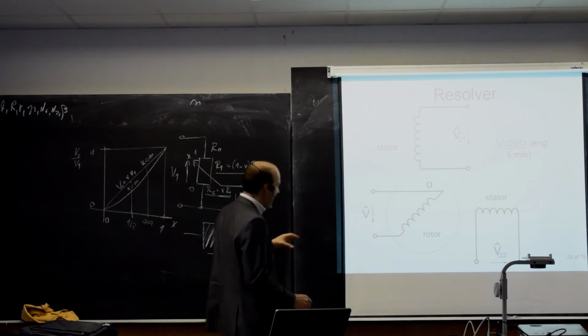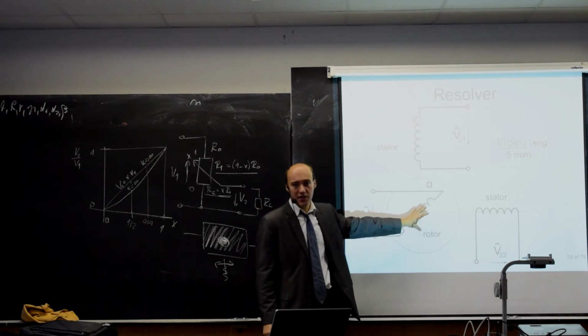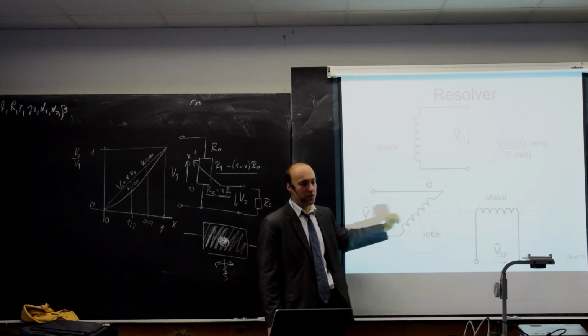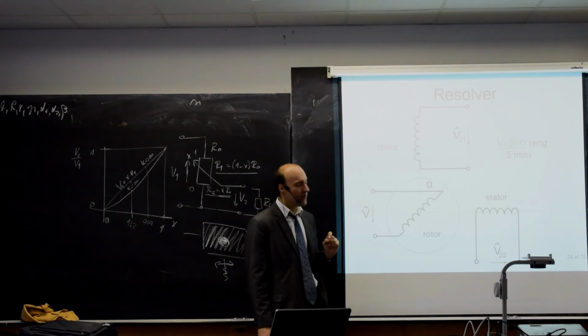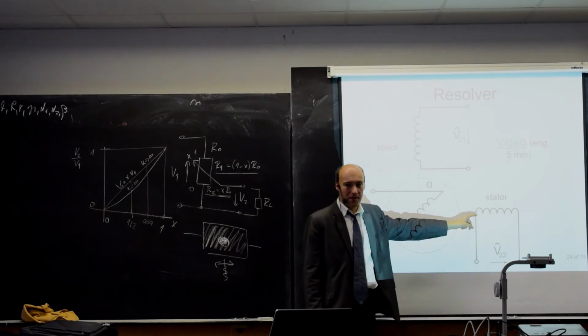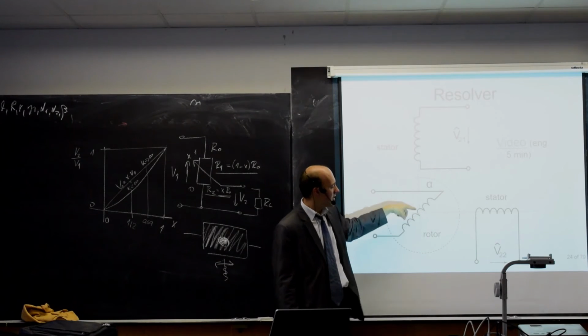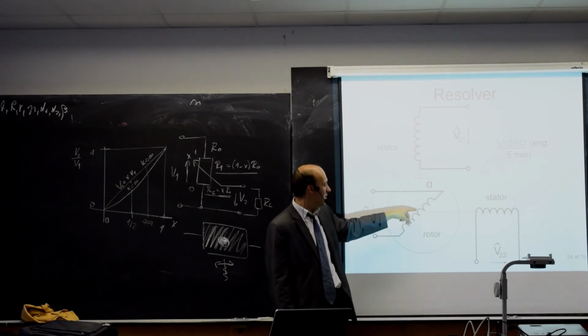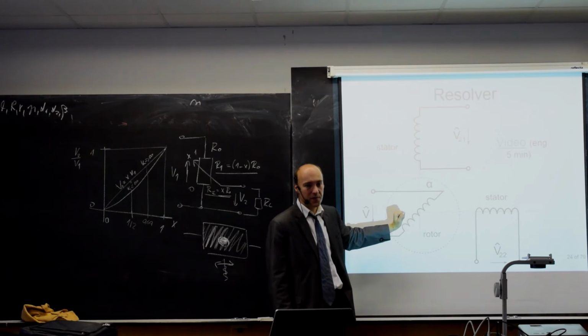So we create an AC magnetic field in this primary winding that is on the rotor. Now we have two stator windings, one here and one here. The two stator windings are aligned with an angle of 90 degrees.